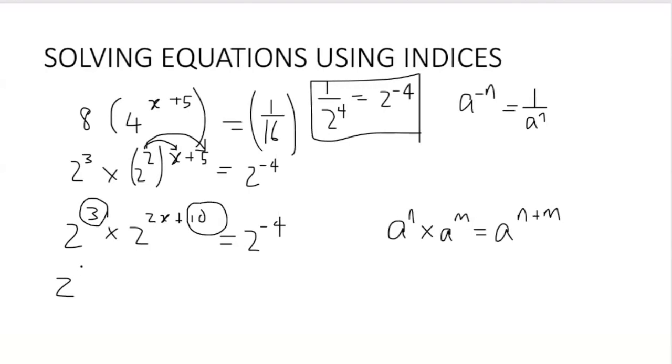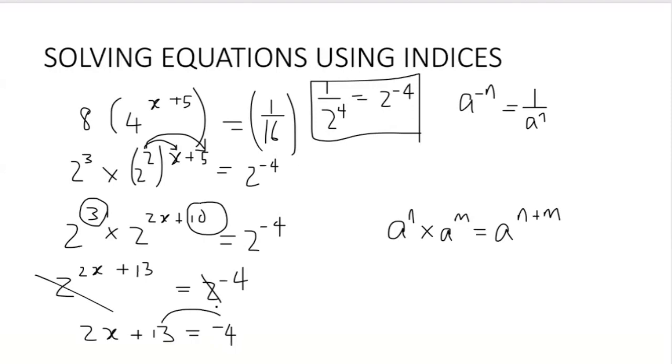The variable 2x, we leave it as it is. So we add 3 plus 10, that's 13, is equal to 2 to the negative 4. Then we drop the base and equate the powers to be equal. So I have 2x plus 13 equal minus 4.